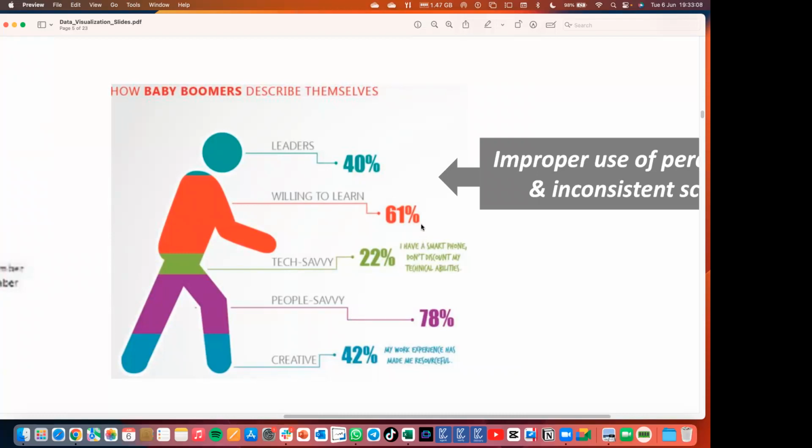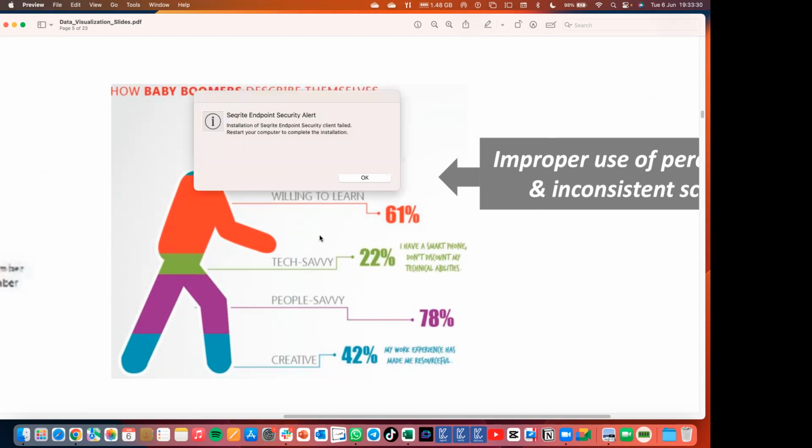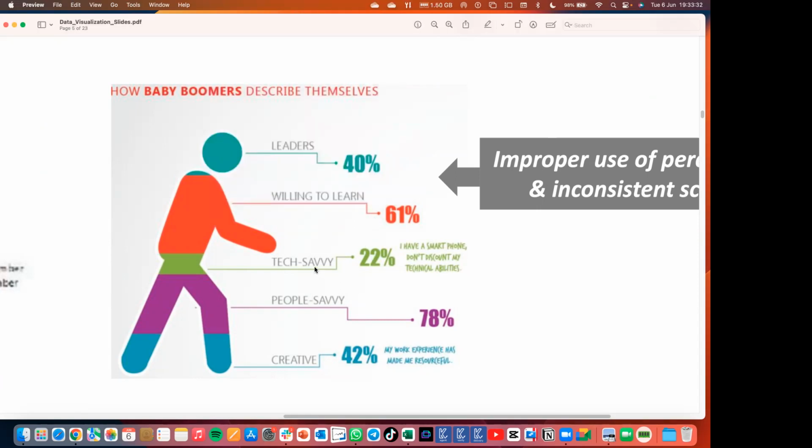Then another thing: the colors, it is already a mess. The moment you bring in red, you have to show what red means. You can't tell people that willing to learn is 61%, yet it is in red, and you say this is describing how baby boomers describe themselves. So someone is describing himself as tech savvy, because it is in green: I have a smartphone, don't discount my technical abilities.